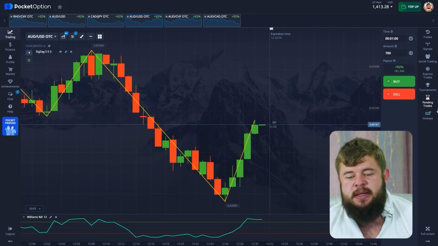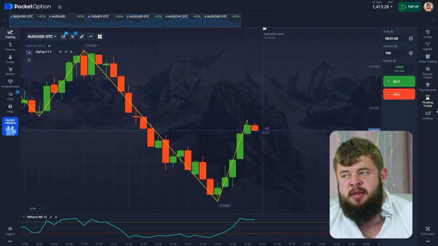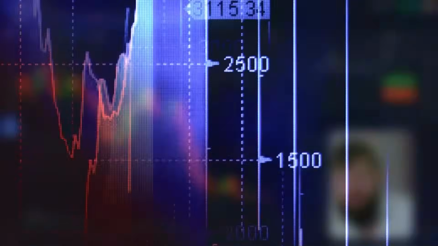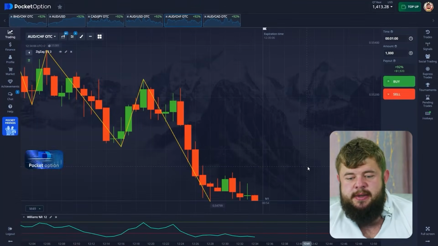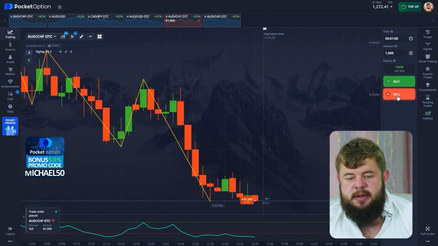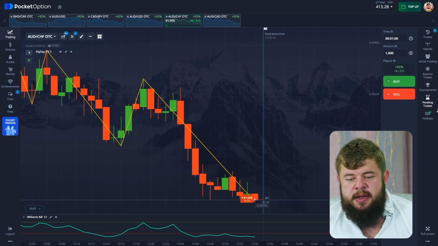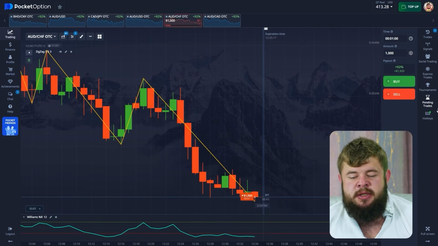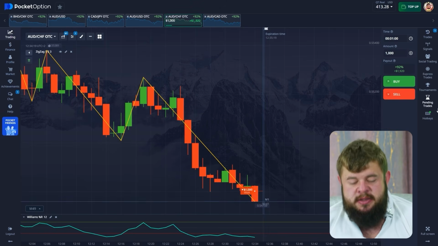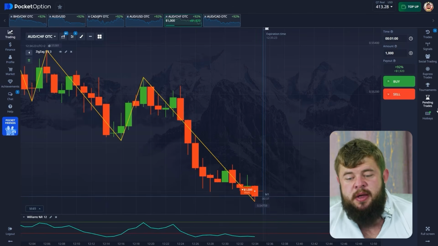Okay, guys, this trade is closed. We have $1,413 on the account. So here, price is staying at the bottom line, at the support line zone, and according to the closer and closer movement and position of the candles, we can be sure that sellers are ready to break through the bottom line, the support line zone.